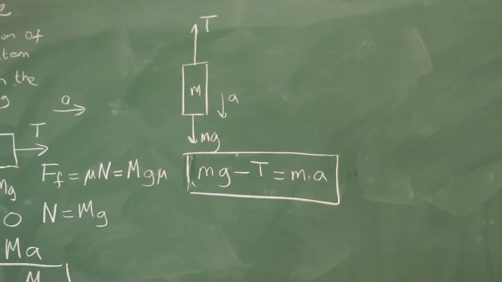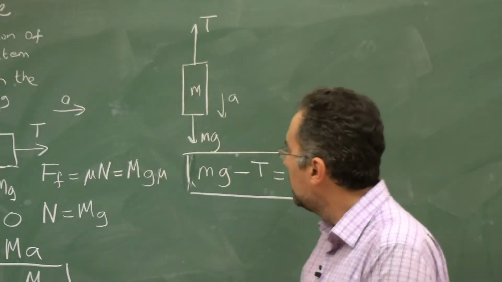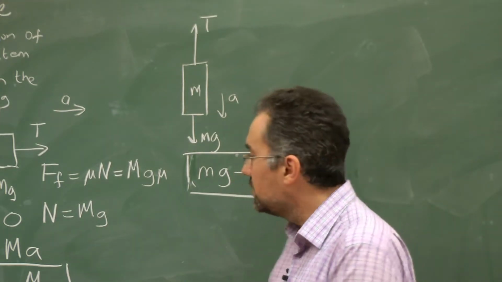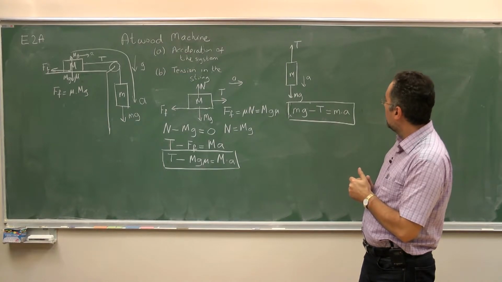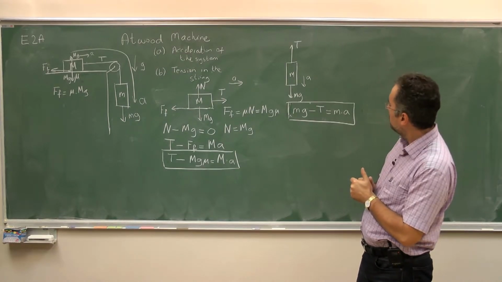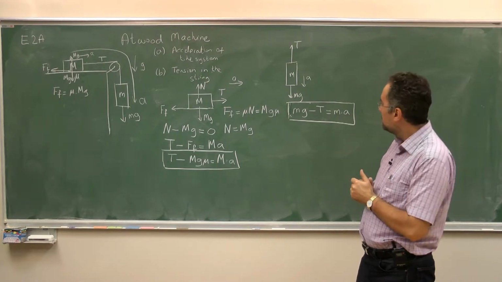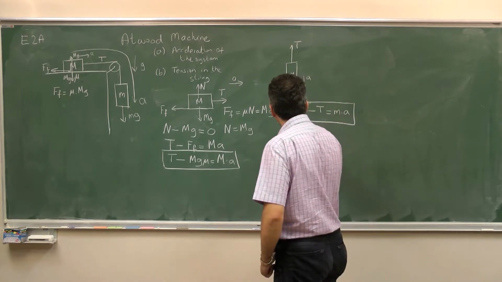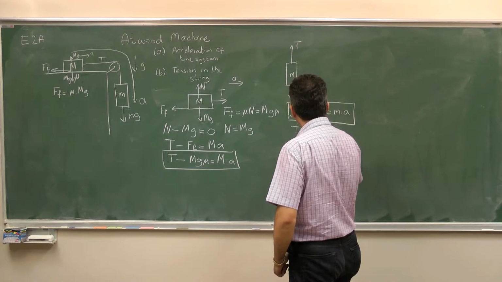OK, so I have two equations, two unknowns. This again means physics is over. The rest is math. So I'm going to solve for A and T. Which one will be better? You add the equations to get rid of T. Right. So they're already set up pretty good because I can just add the equations.